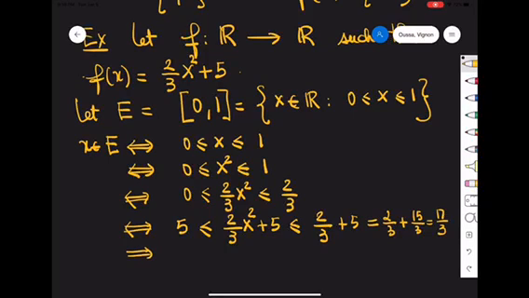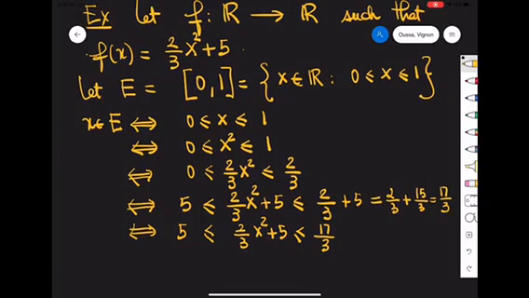So this means that x is in E if and only if 5 is less than or equal to 2/3 x squared plus 5, which is less than or equal to 17/3.